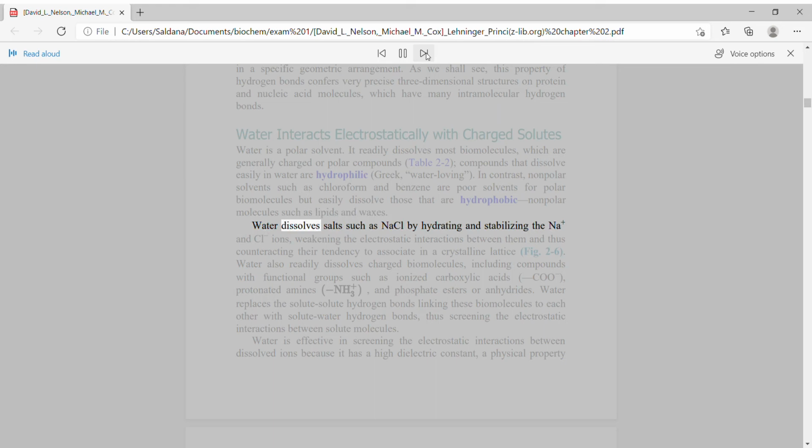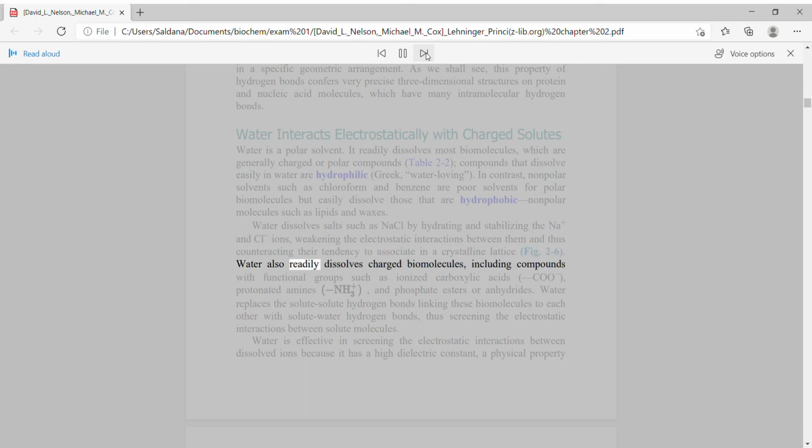Water dissolves salts such as NaCl by hydrating and stabilizing the Na+ and Cl- ions, weakening the electrostatic interactions between them, and thus counteracting their tendency to associate in a crystalline lattice, Fig. 2-6.